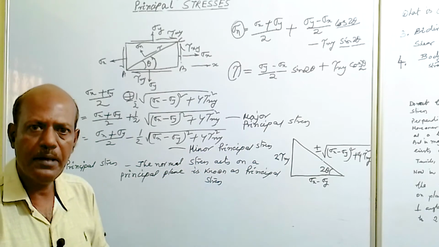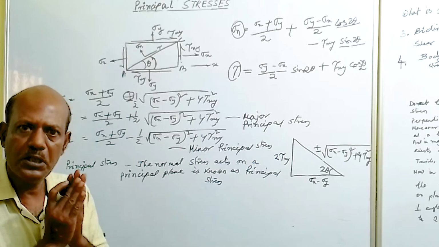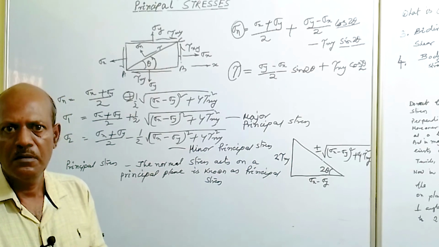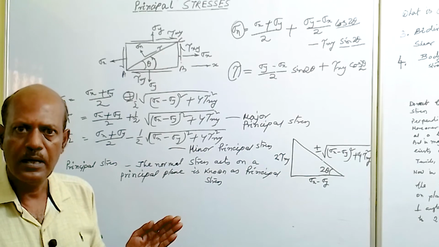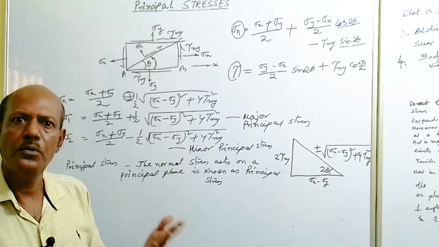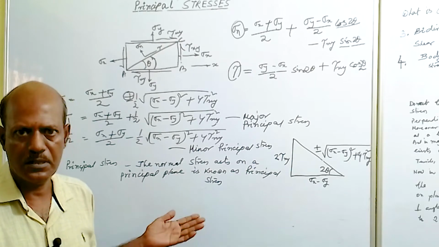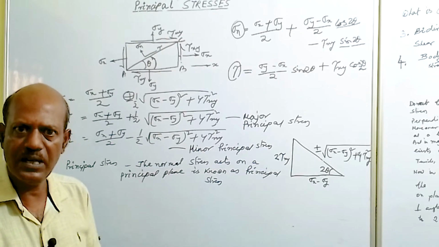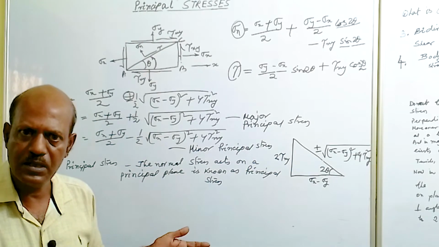And for a three-dimensional body, there will be three such planes perpendicular to each other. So there we will get three principal stresses, and we will denote them by sigma 1, sigma 2 and sigma 3.